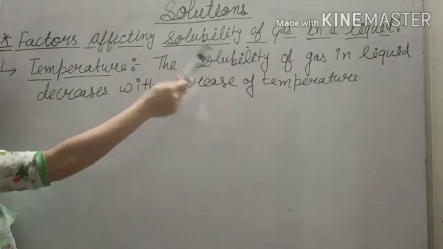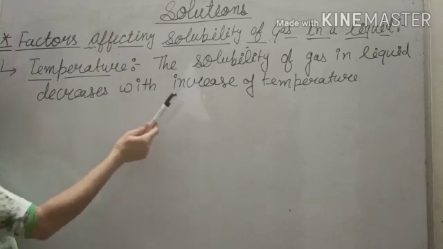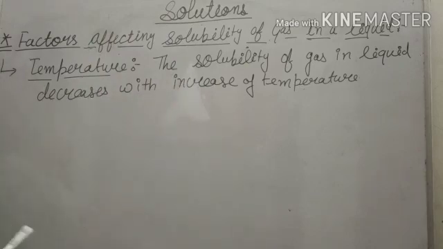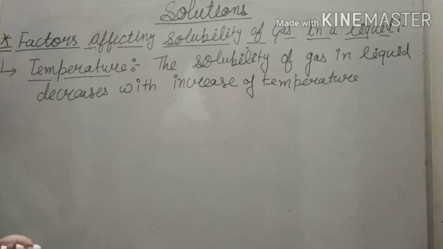This can be explained on the fact that when we increase the temperature, the kinetic energy of the particles increases and they leave the solution. As a result, the gaseous particles leave the solution and the solubility of the gas in liquid decreases.